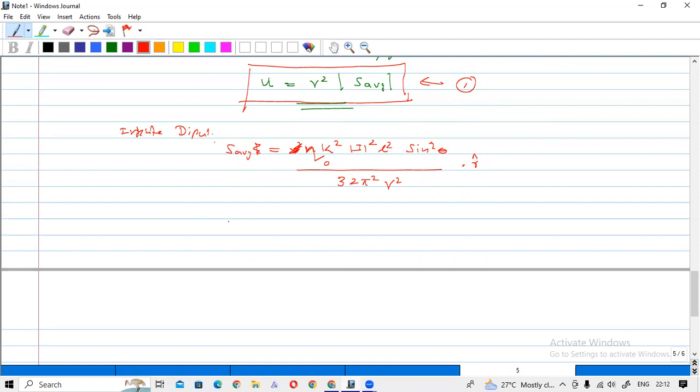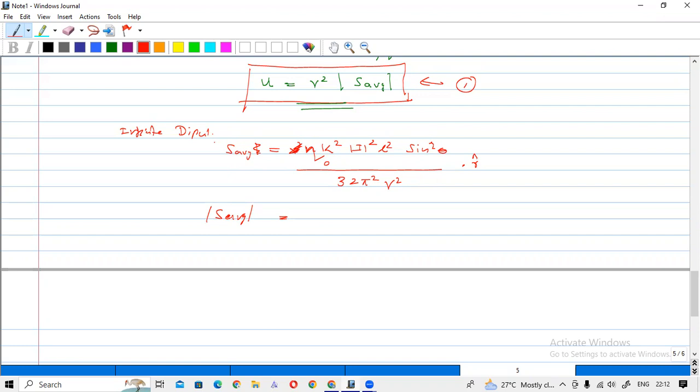Here you don't have any complex component, it is all real components, because we are taking the magnitude value. So this will be a real value, not a complex value.